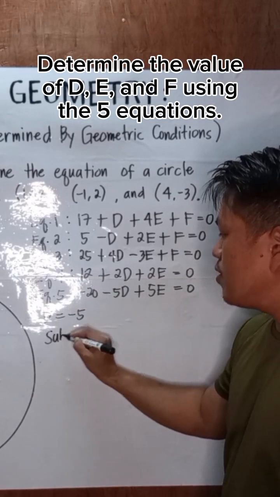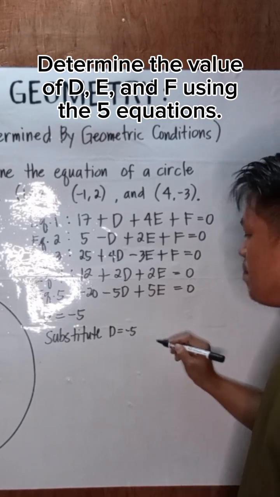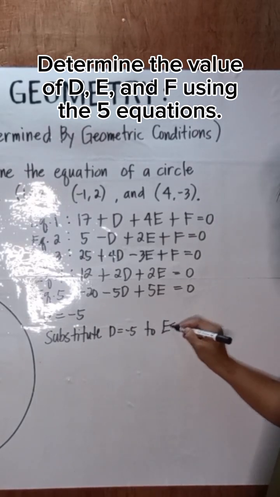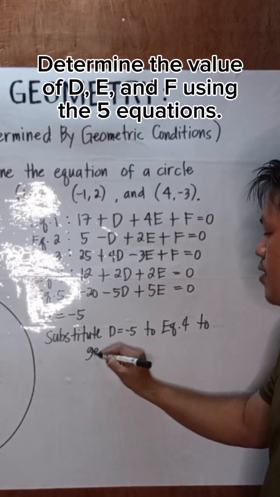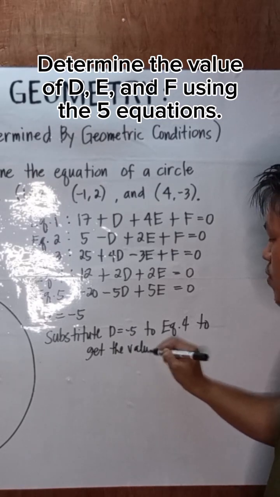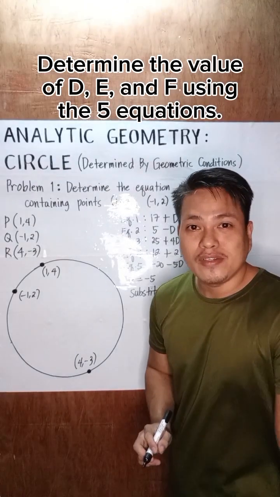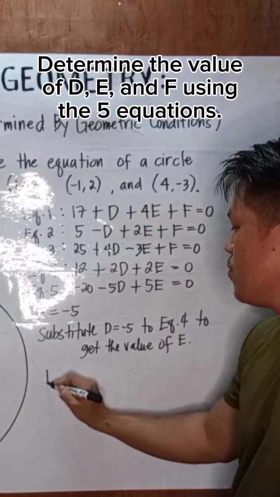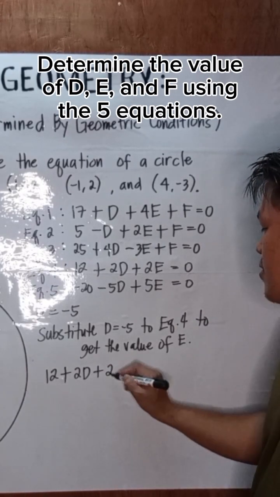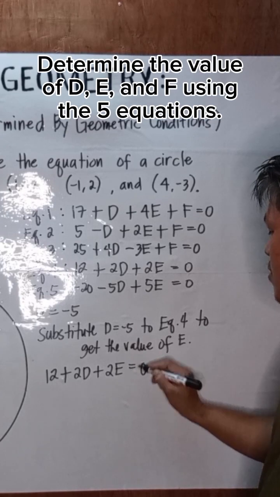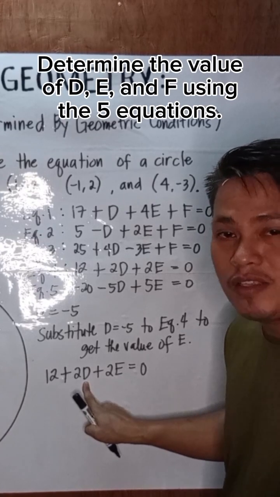So, substitute D is equal to negative 5 to equation number 4 to get the value of E. Again, ang ating equation number 4 ay 12 plus 2D plus 2E is equal to 0. I-substitute natin yung negative 5 kasi siya yung value ng D.